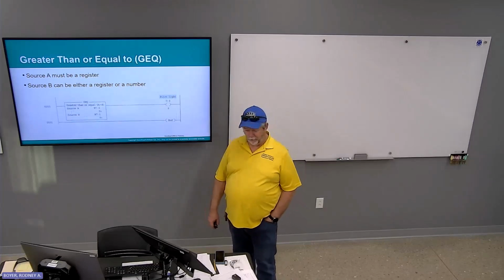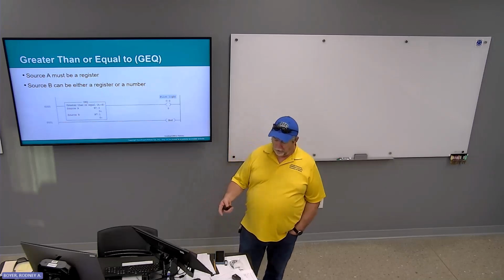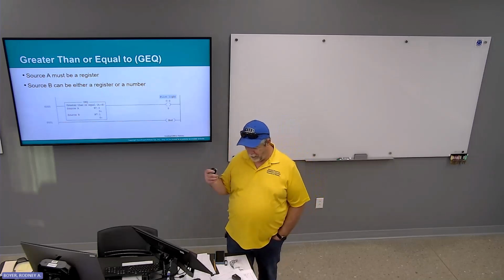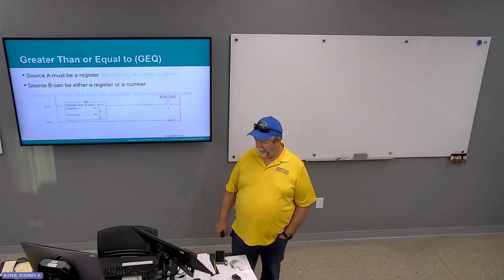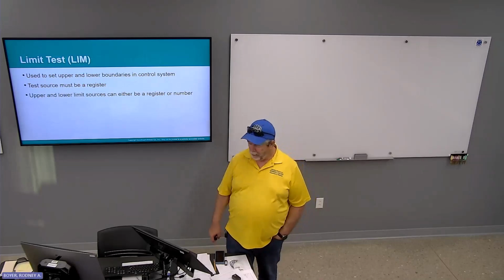Greater than or equal to, A must be a register, B can be a register or number. 0 is in fact greater than or equal to 0 because it is equal, so the pilot light's on. I told you they were all pretty much identical.